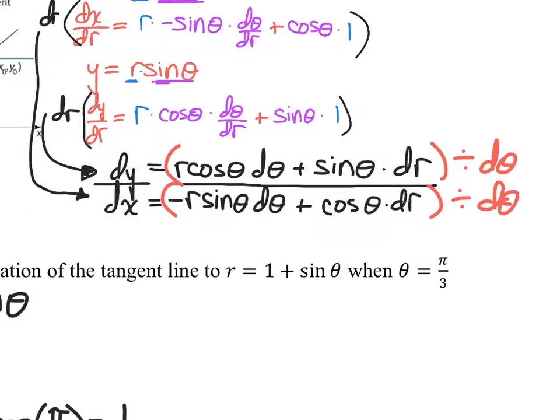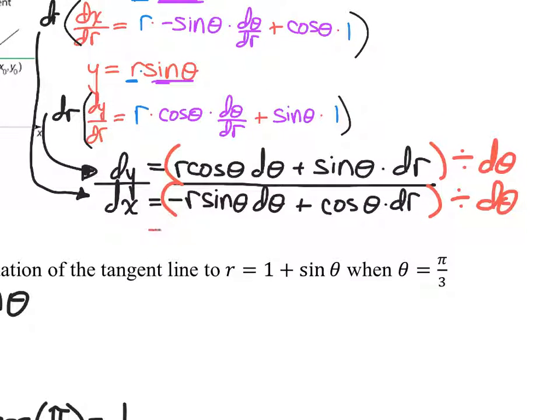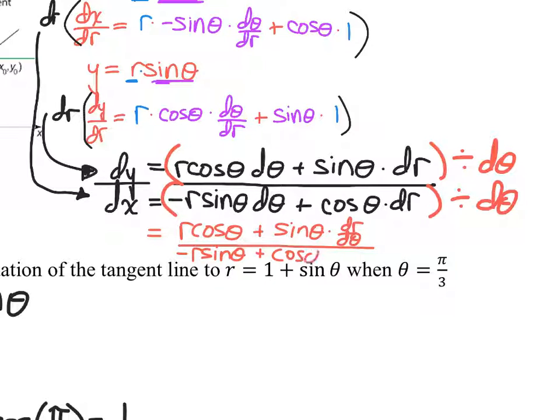In which case, you'll end up with r cosine theta plus sine theta times dr d theta, over, same stuff really, just different organization, negative r sine theta plus cosine theta times dr d theta.